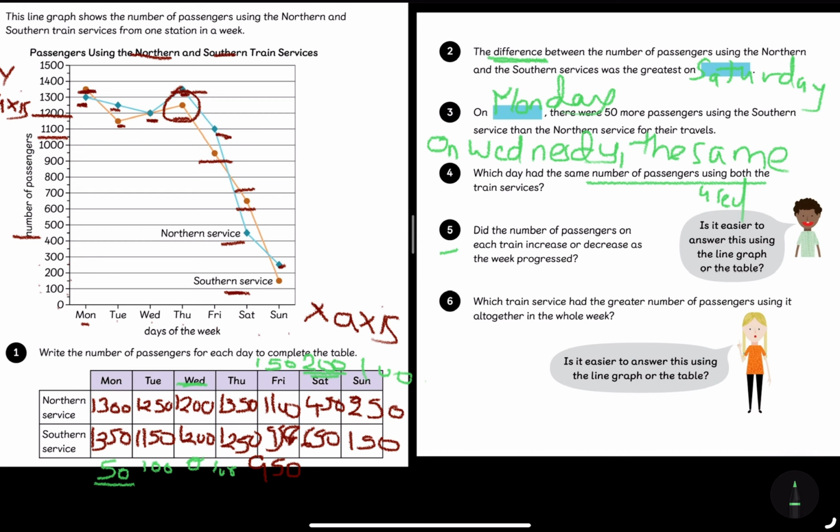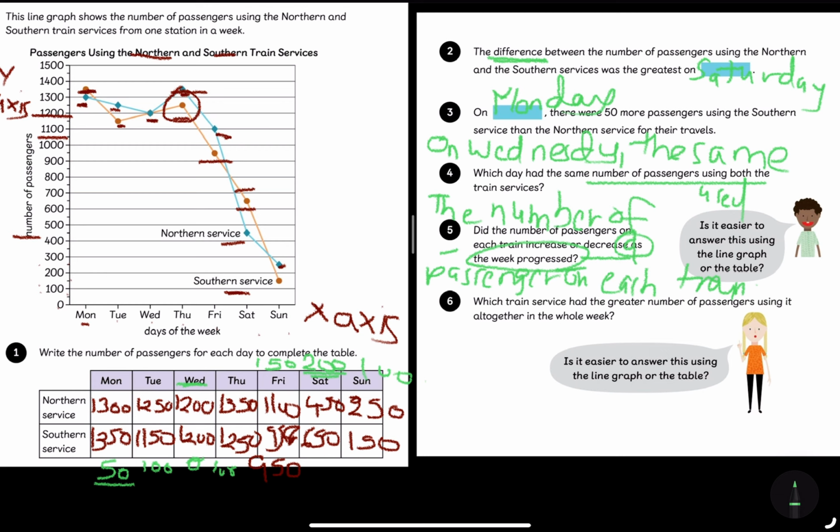Therefore, my answer I would say is that the number of passengers on each train decreased as the week progressed. Okay, this is how I type my answer.